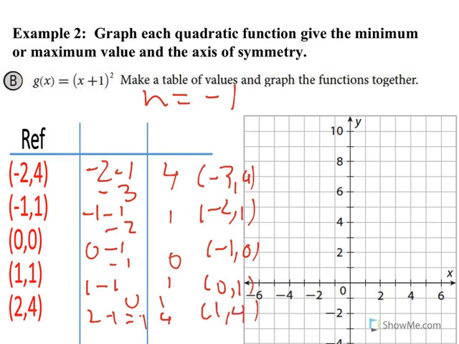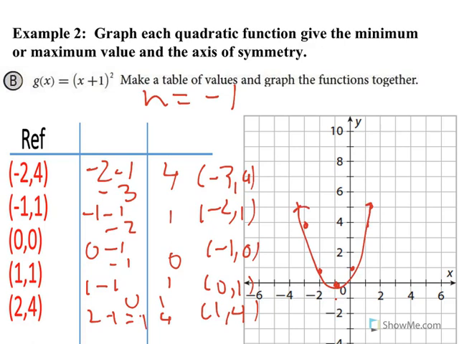So we can graph this. So negative 3 and 4 this point, negative 2, 1 this point, negative 1, 0 this point, and 0, 1 this point, and 1, 4 this point. So this is our graph.